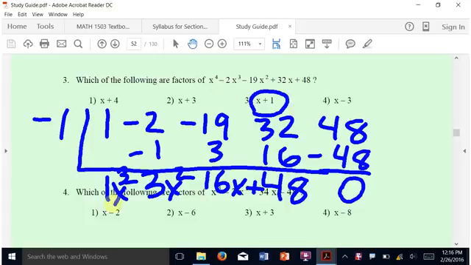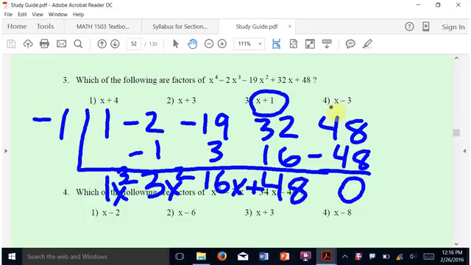And now it's going to be a little easier to use this quotient instead of using this larger dividend or larger function every time to synthetically divide our options.